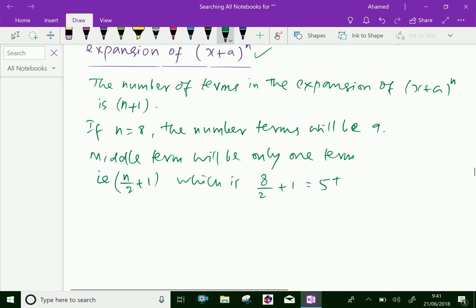Therefore, the fifth term is the middle term.